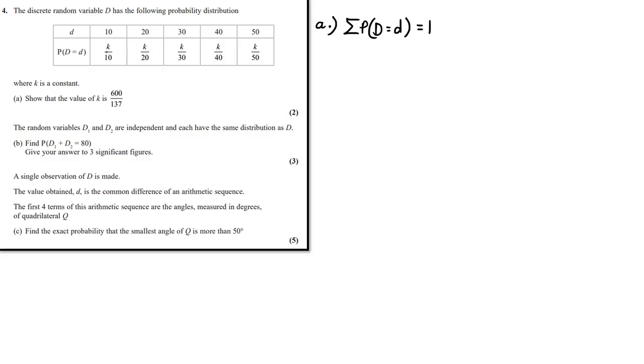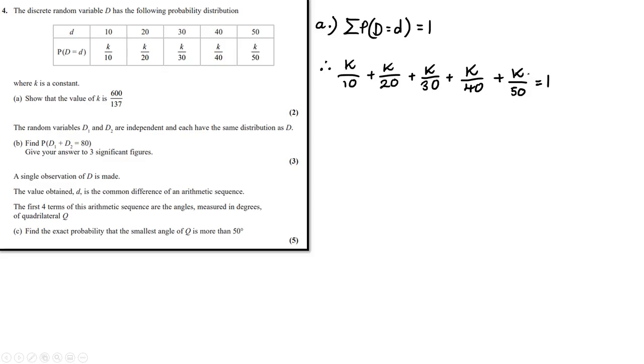So in that case, if I add each individual probability up and then set that equal to 1, then we can go on to solve for k. So therefore what we're saying here is k over 10 plus k over 20 plus k over 30 plus k over 40, and finally k over 50, and we know this sum is equal to 1.